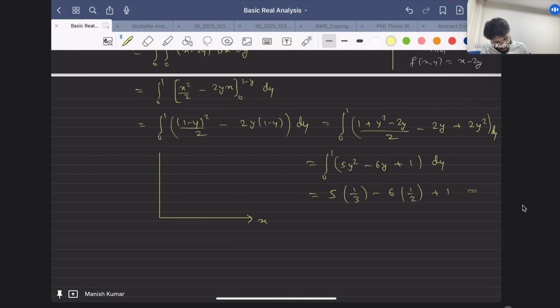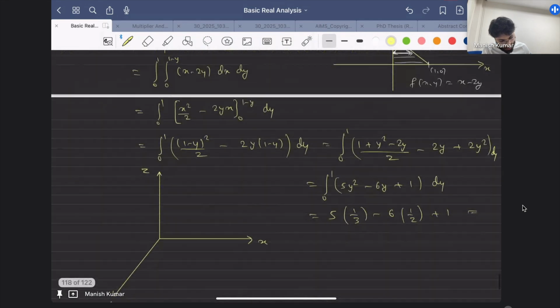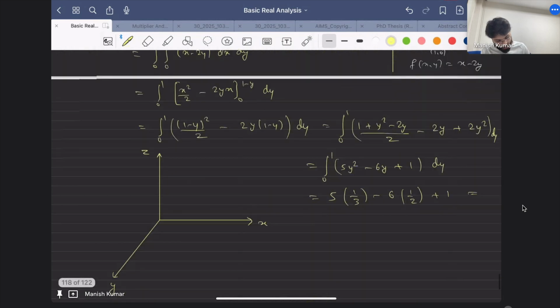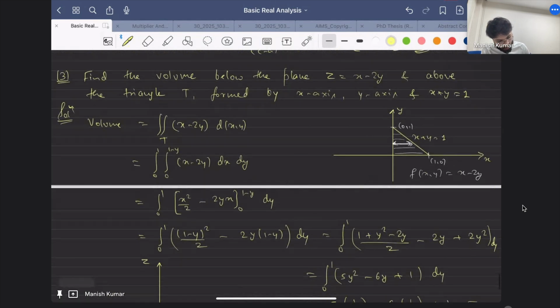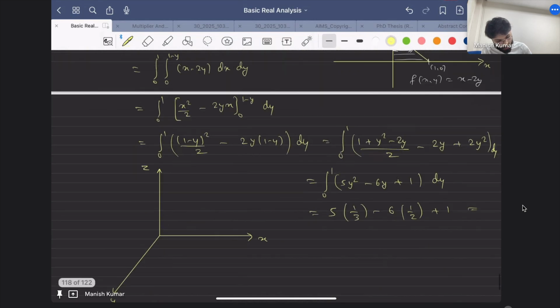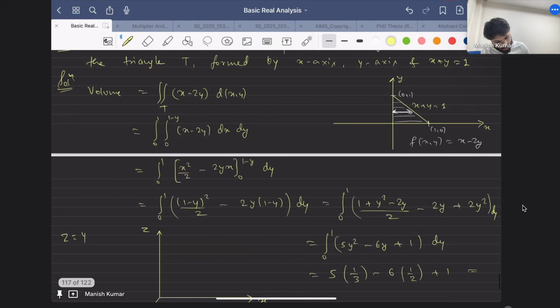Suppose this is x, this is z, let's say this is y. The plane is z equals x minus 2y.